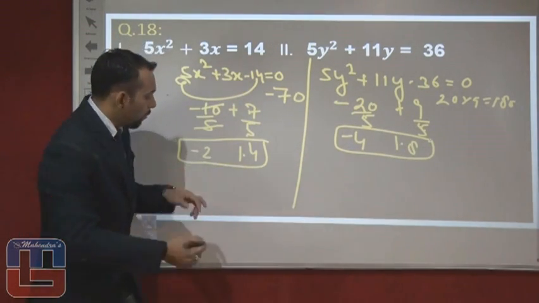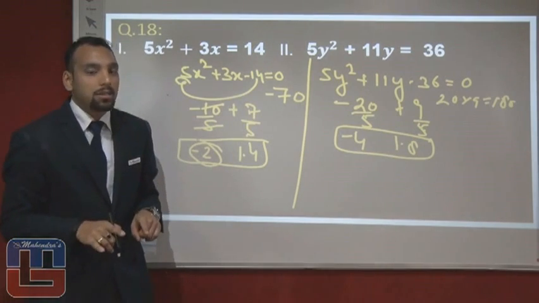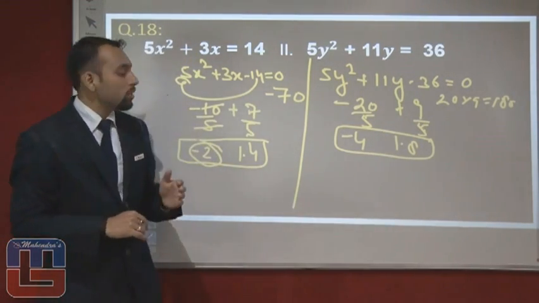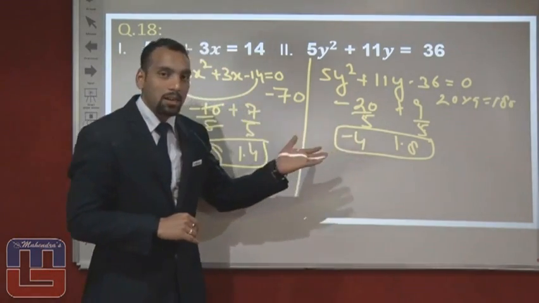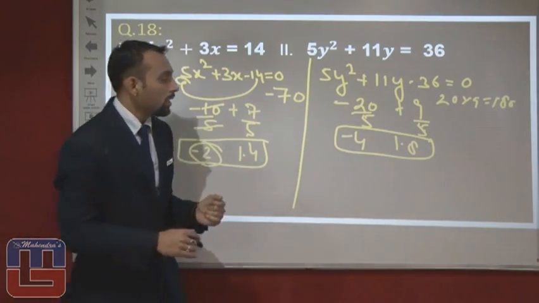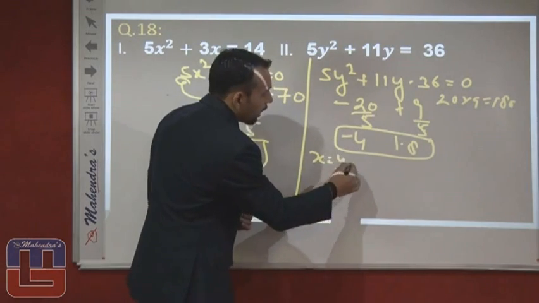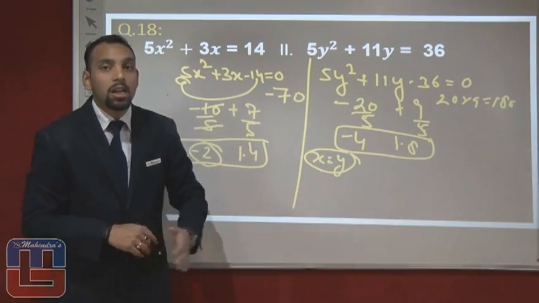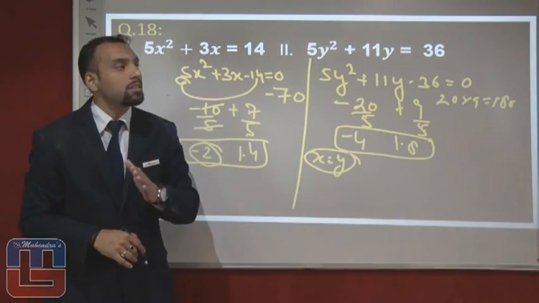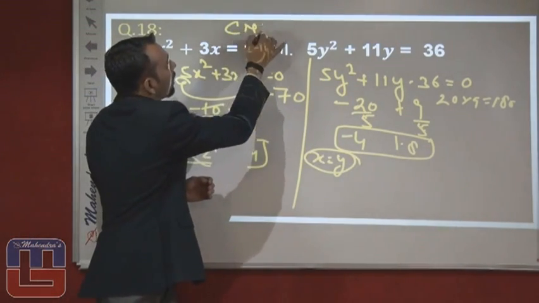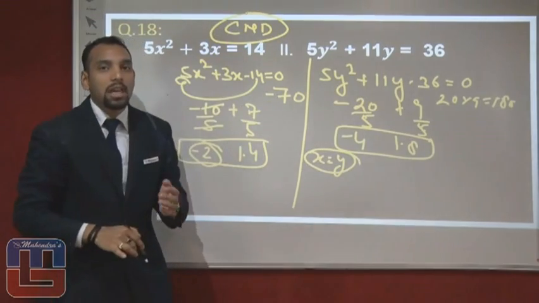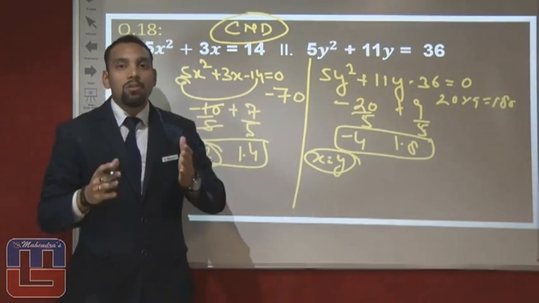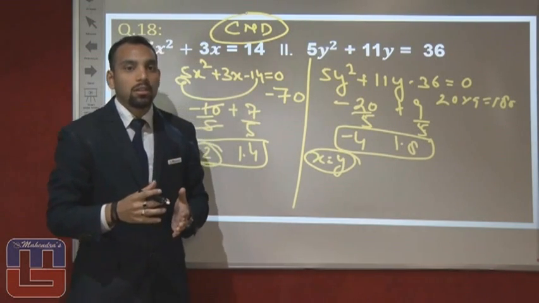Now see, the first conclusion says that x is greater than y, and the second conclusion says that y is greater than x, which means neither holds, or we can say that if signs are opposite, as we have discussed, the answer will be C and D, or the relation cannot be established. That means the equations don't have any relation, right?